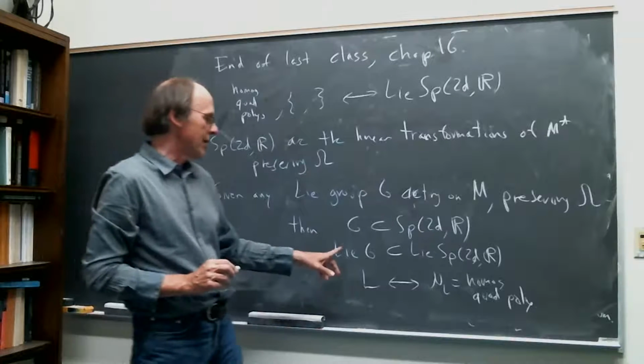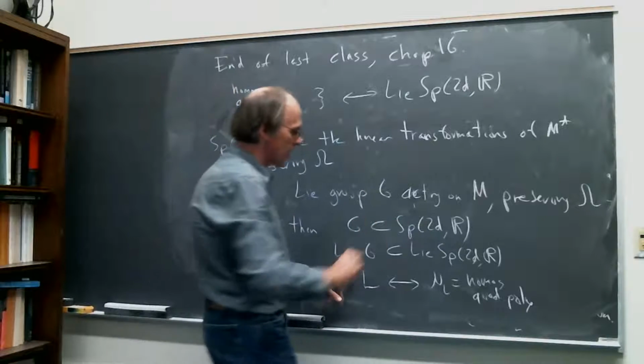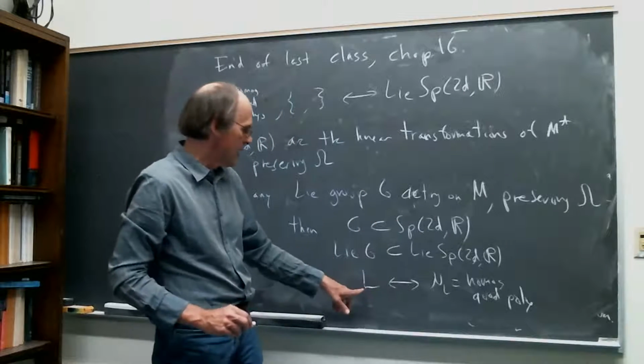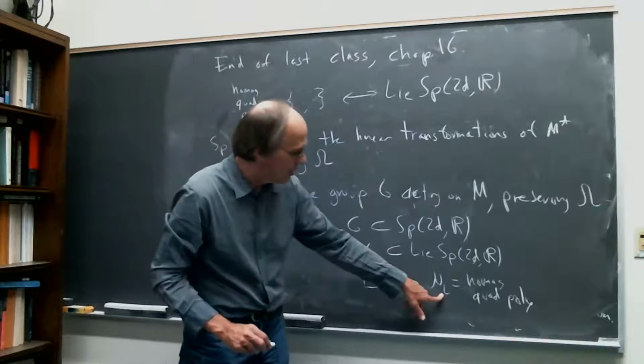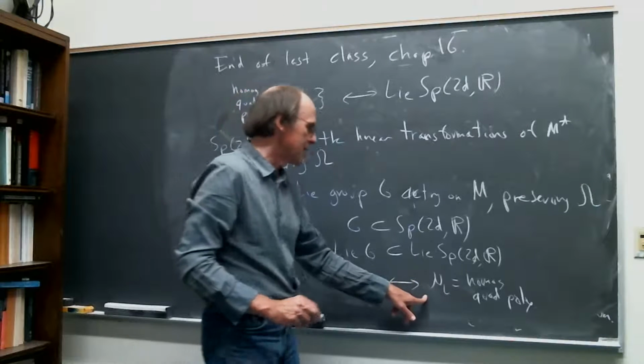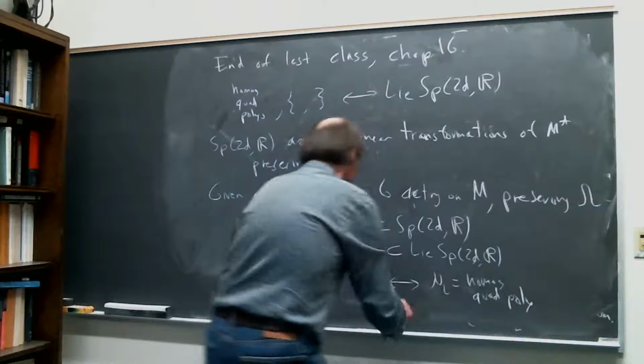And then in any particular case, if you have some Lie group action, you want to find some U sub L, and this is the moment map.